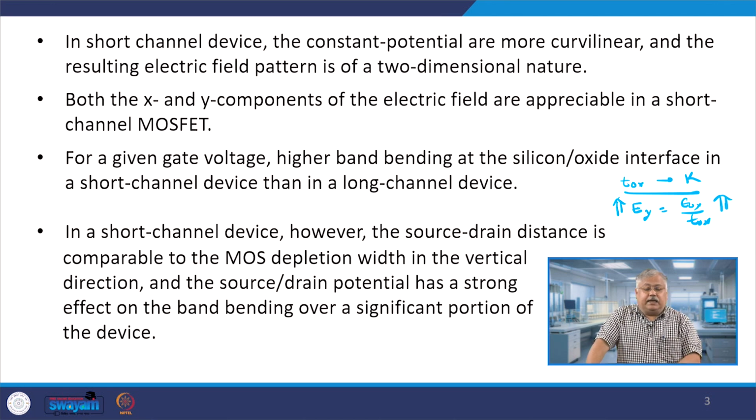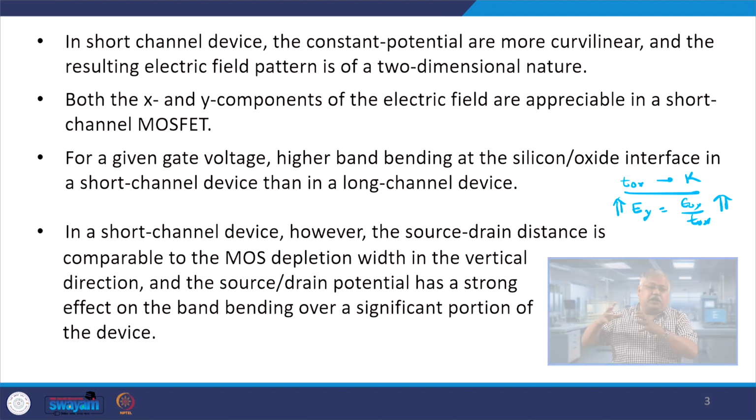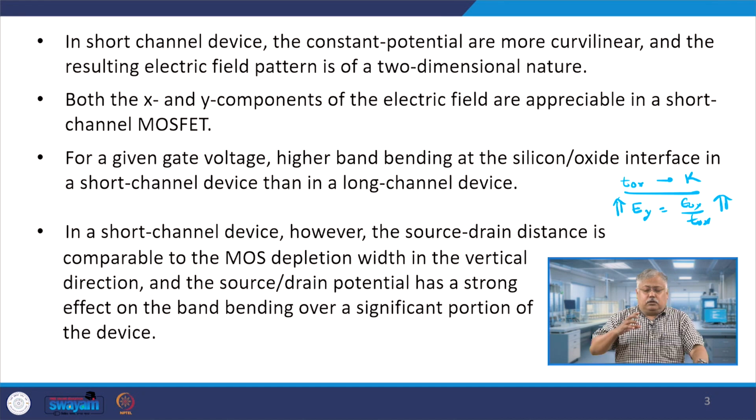Okay. So, you can see the last point, that in a short channel device, the distance between source and drain is obviously comparable with the MOS depletion width in the vertical direction, and the source drain potential therefore has a strong effect on the band bending over a significant portion of the device. Since in short channel you have brought the drain very close to the source, the drain is able to control the activities towards the source end.